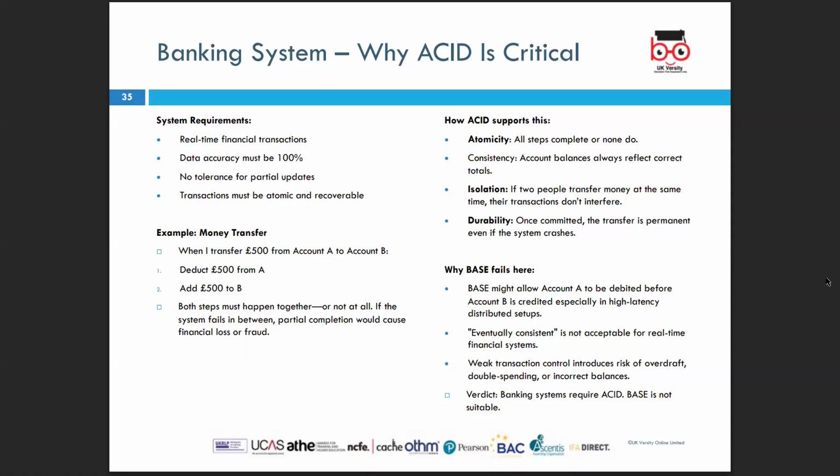Eventual consistency is not acceptable for a real-time financial system with transaction control, as it introduces risk of overdraft, double spending or incorrect balance. And then we have the verdict: banking systems require ACID, and BASE is not suitable.